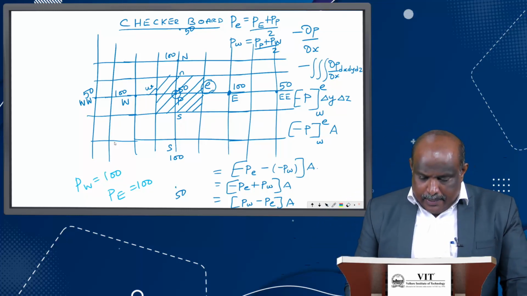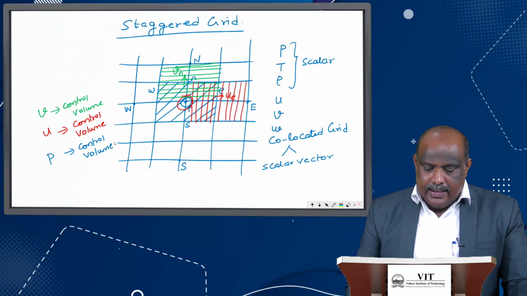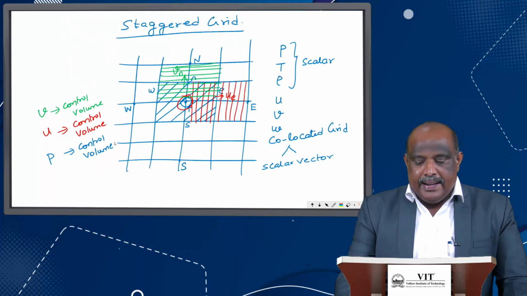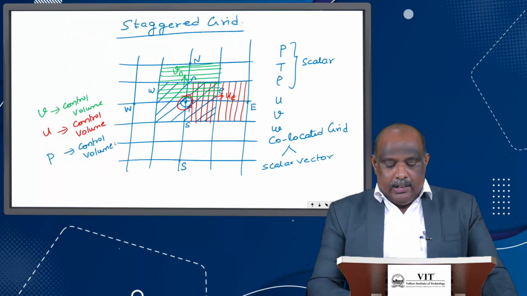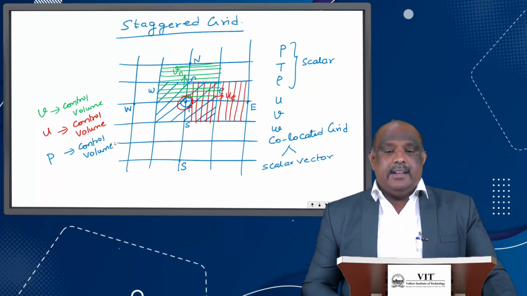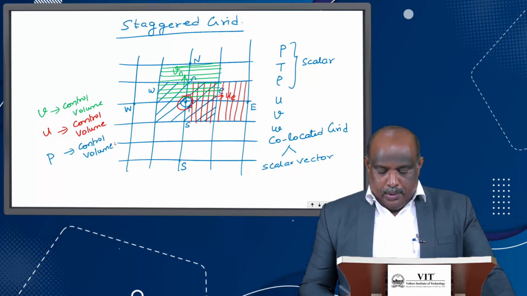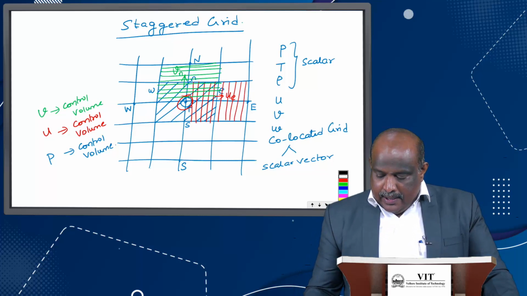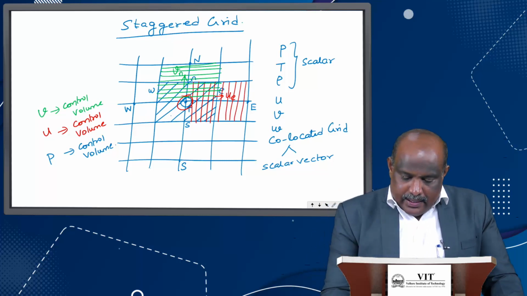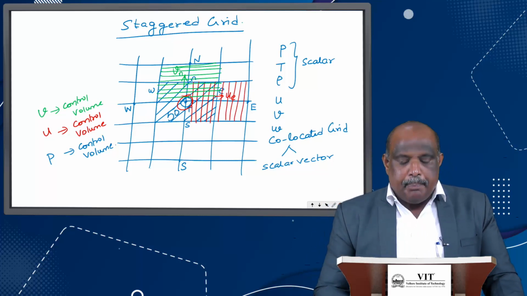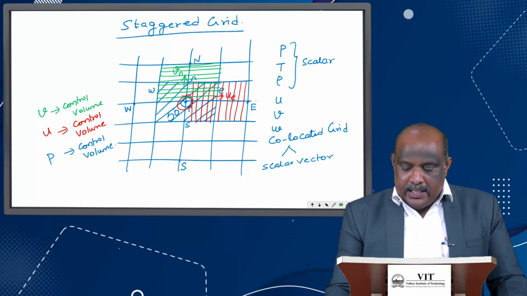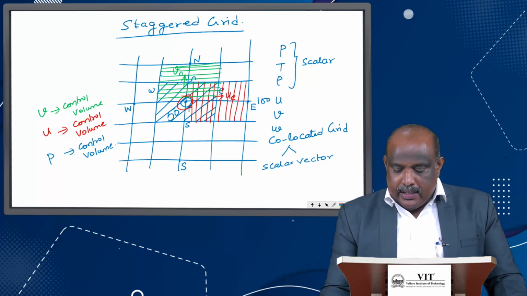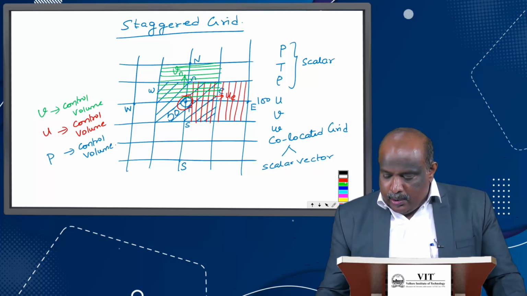So we have to understand the control volume very clearly. The control volume starts from P and ends at E. The value of P is 50, the value of E is 100. That's what I want to communicate to you. So the value of pressure at P is 50, and the value of pressure at E is 100. The red color indicates that this entire thing is my U control volume.